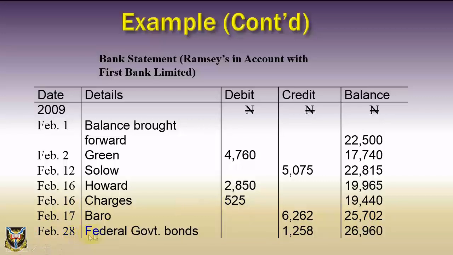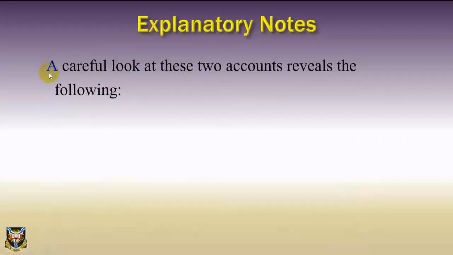February 28. Details: federal government bonds, credit 1,258. Balance 26,960. Explanatory notes. A careful look at these two accounts reveals the following.